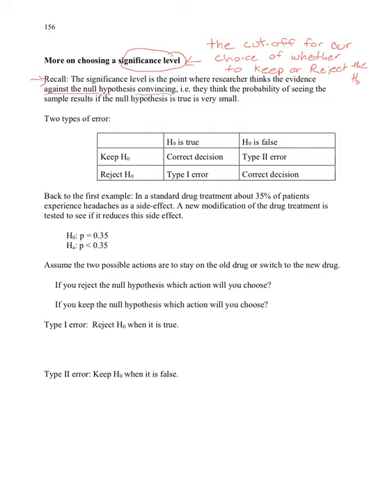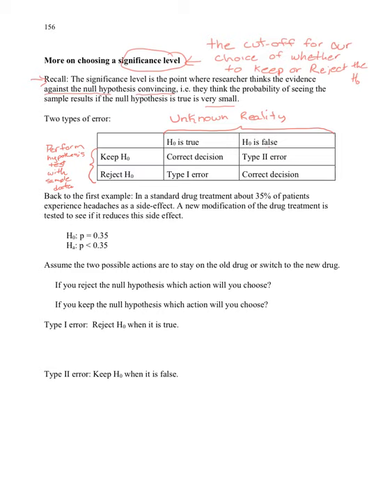In other words, that's the point where they think the probability of seeing those sample results if the null hypothesis is true is very small. So the unknown reality is that the null is either true or the null is false.